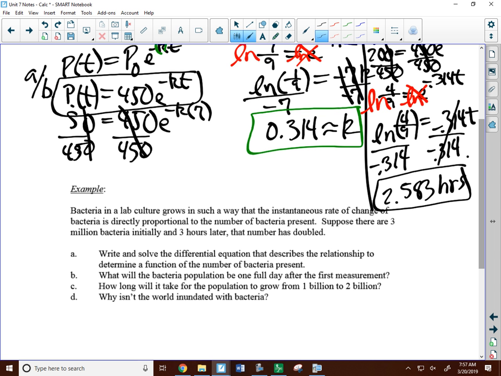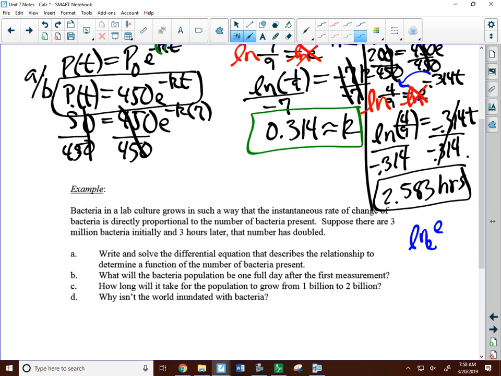Natural log of e is 1, right? So really you use the property of logs that brings the exponent down in front, but then natural log of e is 1, because natural log has a base of e, and those cancel.